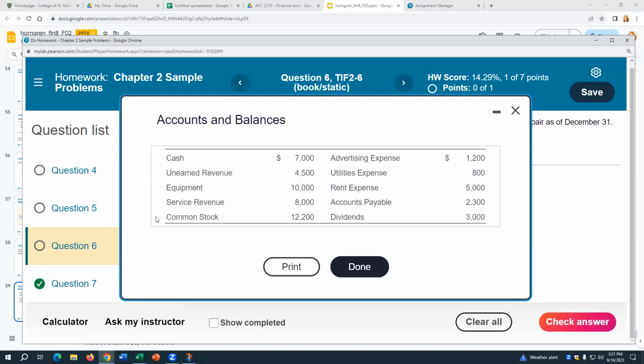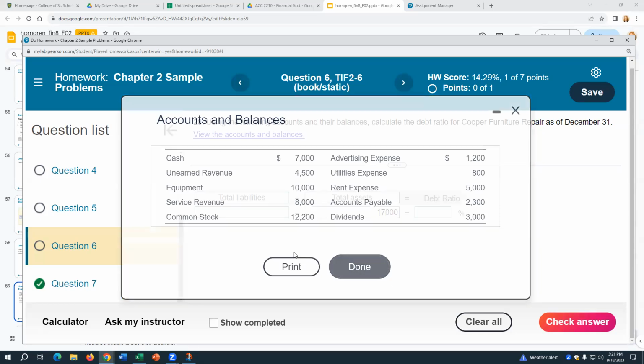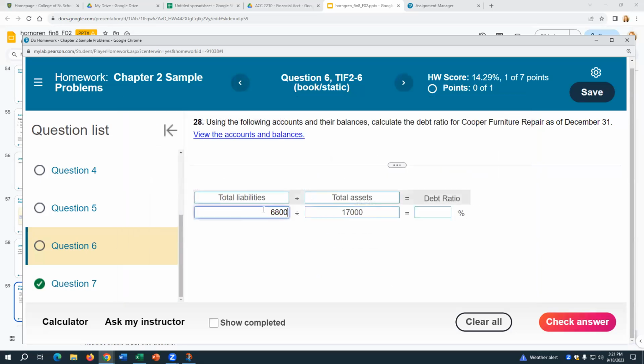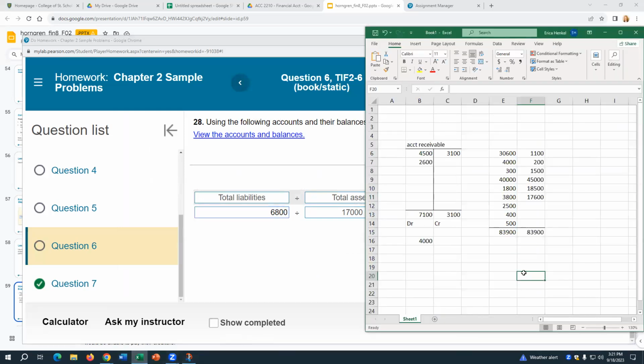So that gives us 6,800 for the numerator. So 6,800 divided by 17,000, assuming I did my math right, is 0.4, 40%.